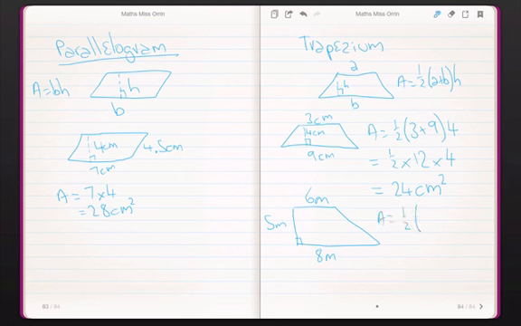So half times A plus B, this time we've got A at the top and B at the bottom, 6 plus 8 times the height, which is 5, even though it's part of the shape itself. It's still completely straight. So 6 plus 8 is 14 times 5. So half of 14 is 7, times 5 is 35. So we've got 35 meters squared. Don't forget your little squared, okay?